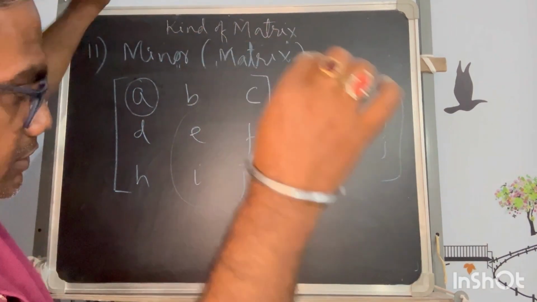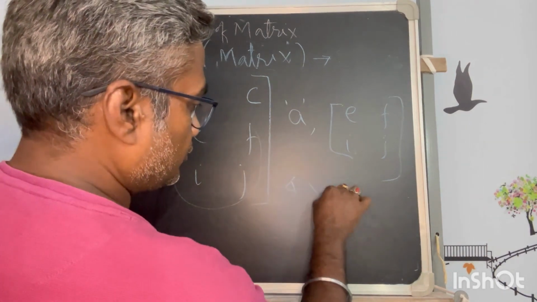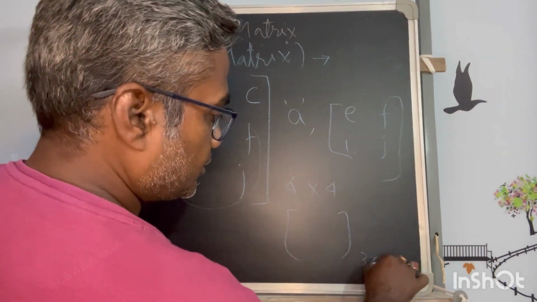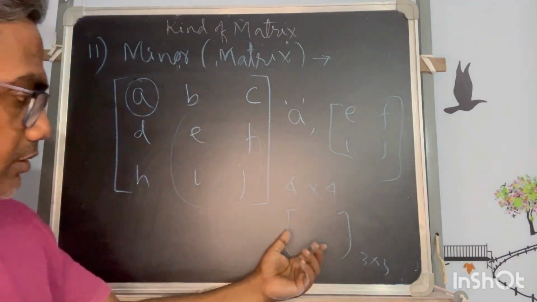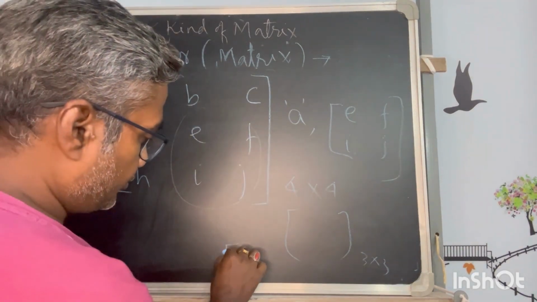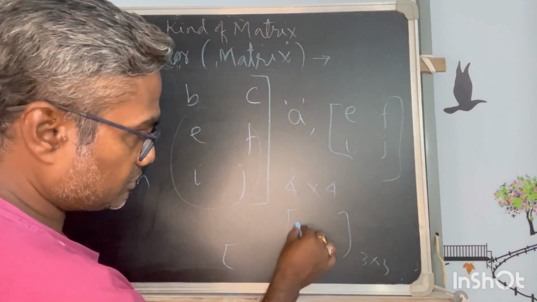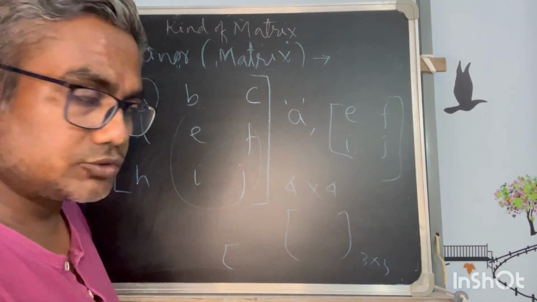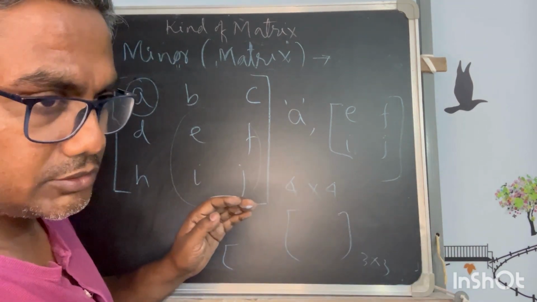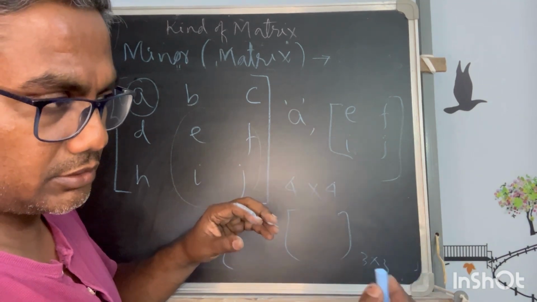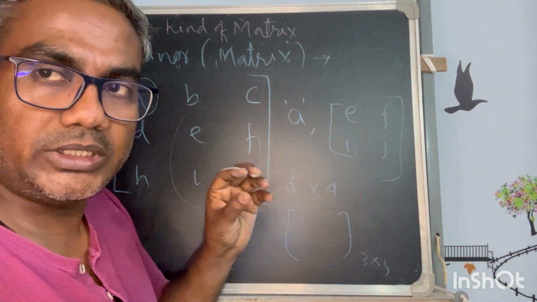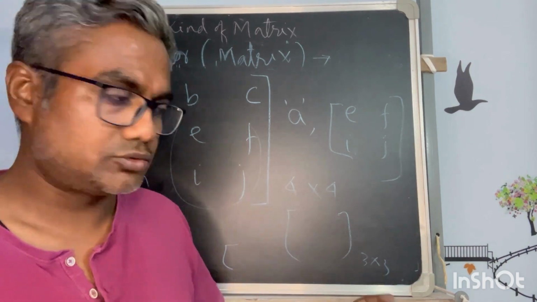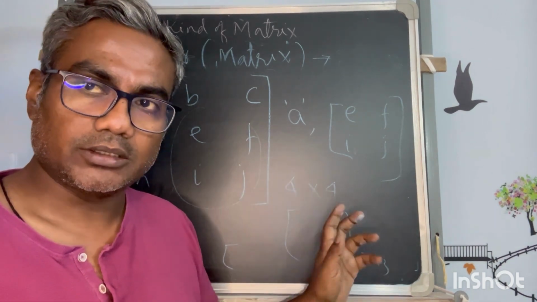If it is a 4 cross 4, your minor size will be 3 cross 3, one step down. Then further you have to bring it back to 2 cross 2. Then whatever elements are there, each has its minor again. So a minor can be reduced to a minimum of 2 cross 2. 2 cross 2 is the minimum order of that minor.